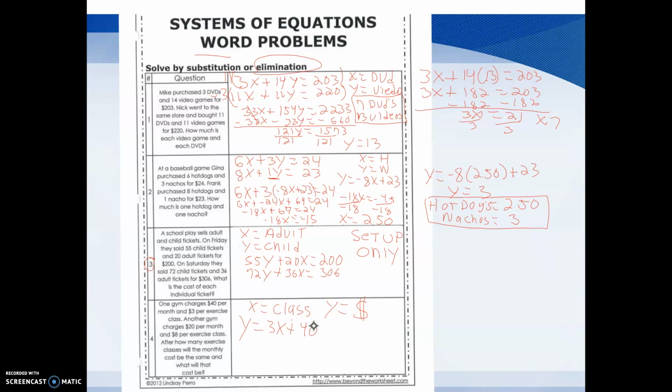All right, looks a little different than the ones we've been doing before. And the next one, well, that cost is made up from the $8 you pay per class. And in this one, you start off and you pay a $20 membership fee.